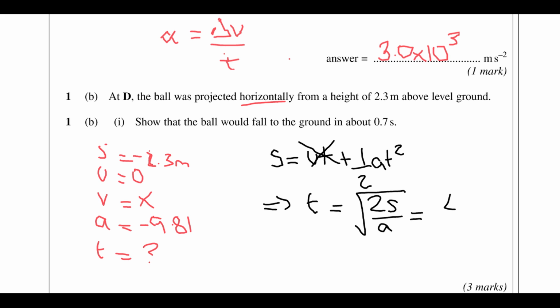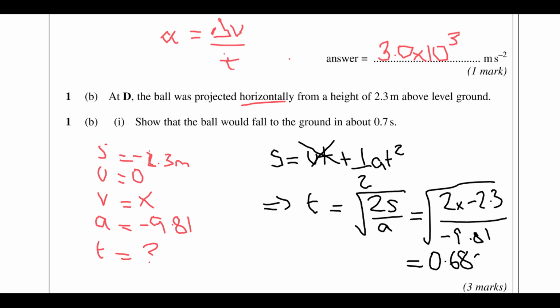So it's going to be 2 times minus 2.3 divided by minus 9.81, all square rooted, and that comes out as about 0.68 seconds, which is roughly 0.7 seconds there.